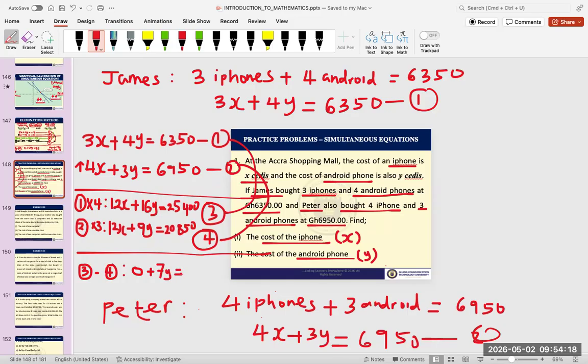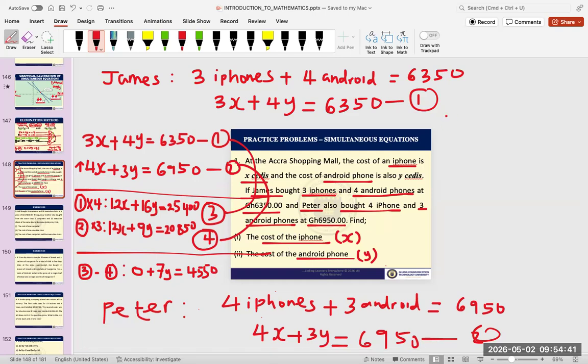Then we come to the right-hand side. So the right-hand side, we have 25,400 minus 20,850, and we'll have 4550.